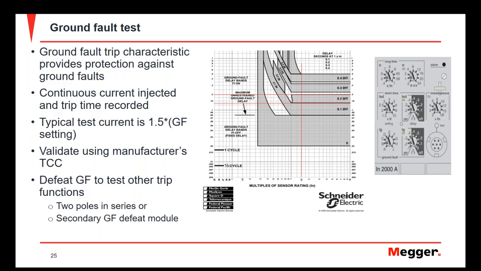The first way is for breakers that don't have an electronic trip unit or a set of secondary contacts, and that is to push current in series through two poles at one time in order to do this test. However, if you have a breaker that does have a set of secondary contacts, there's a possibility that you can jumper that out to defeat this function. But also, sometimes you have a secondary test set provided for that trip unit that you can hook up and turn this function off.